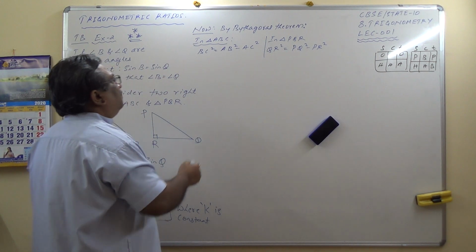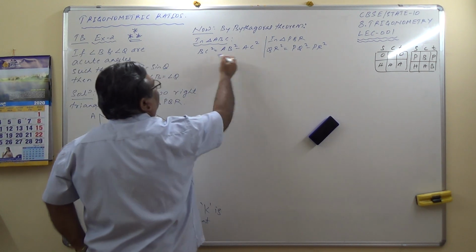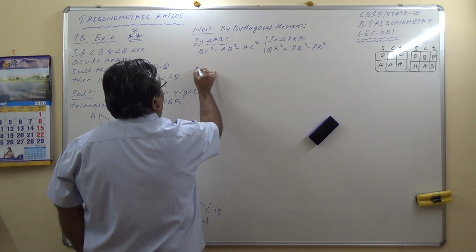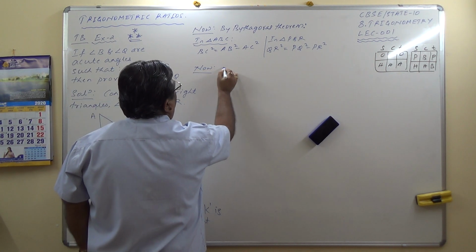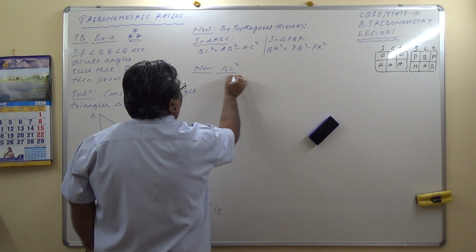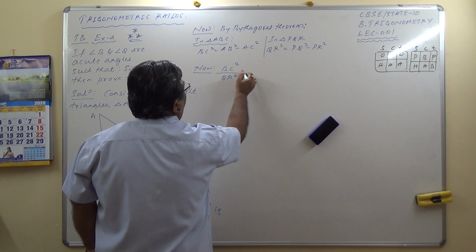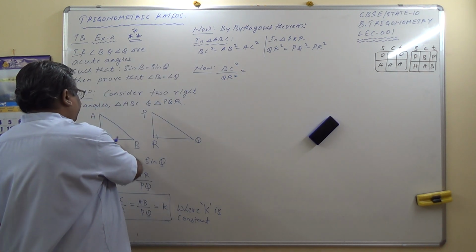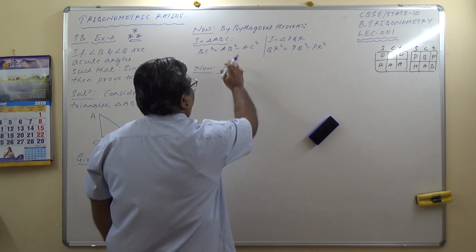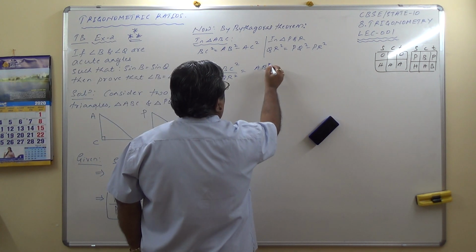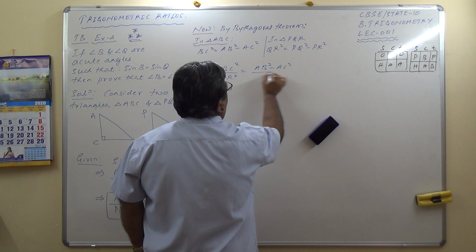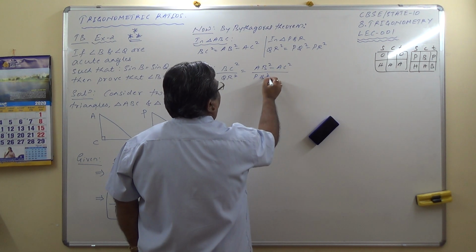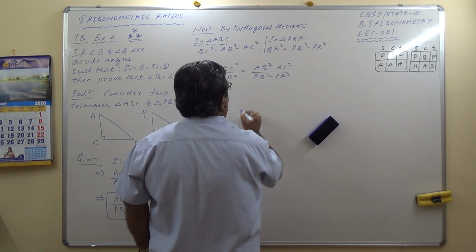Now we will take BC square by QR square, which equals AB square minus AC square divided by PQ square minus PR square.